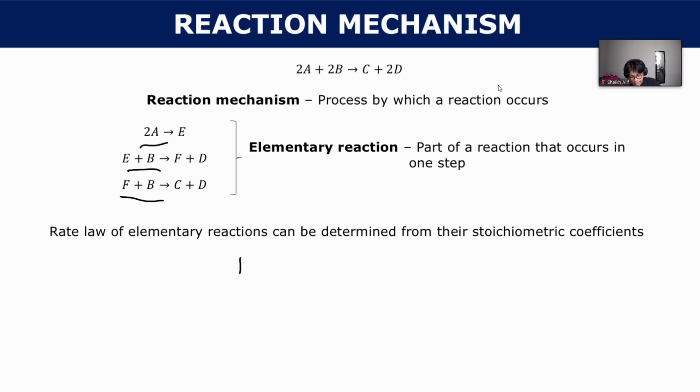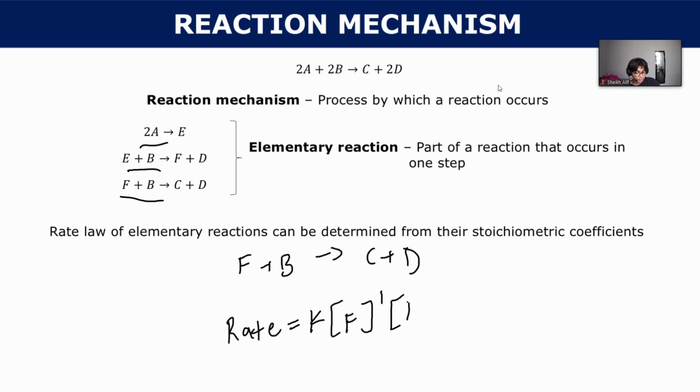So if we look at this elementary reaction over here, F plus B produces C plus D, its rate law would be rate equals k times the concentration of F raised to the first power times the concentration of B raised to the first power, because again the stoichiometric coefficients of F and B are going to be 1 each.